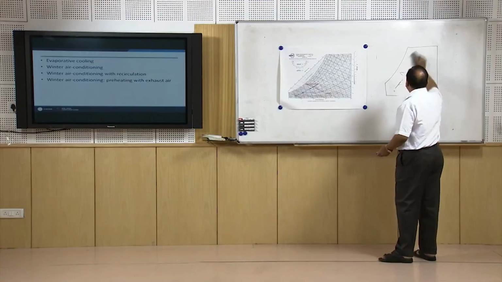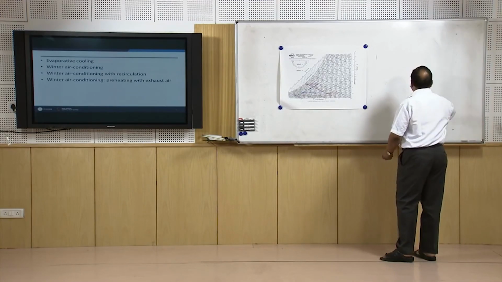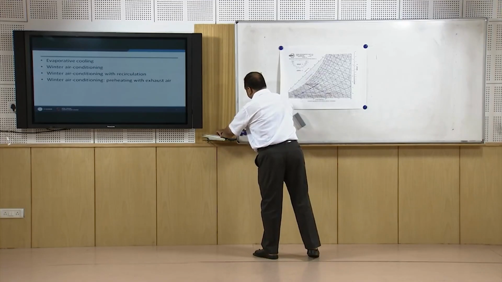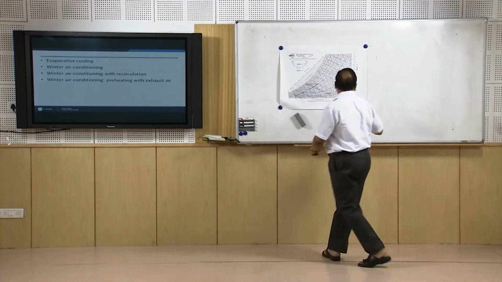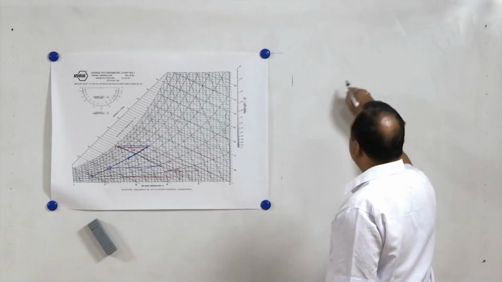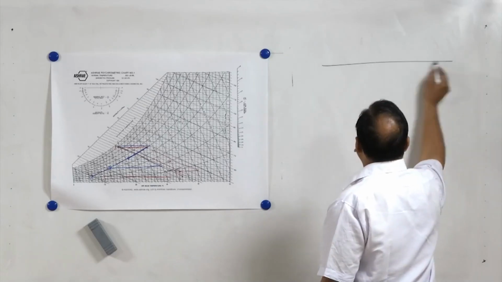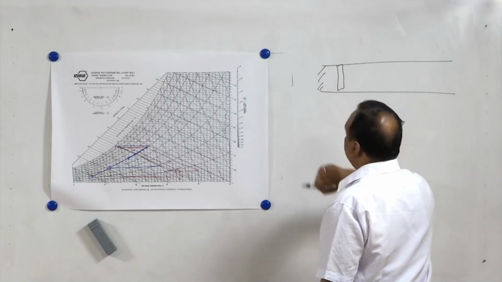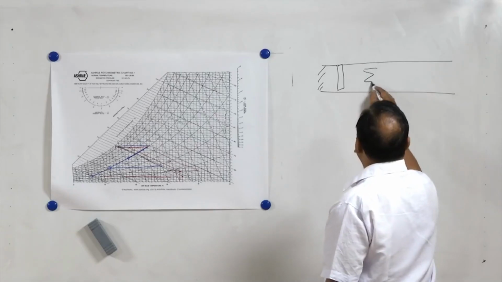If we want to show this on a schematic diagram, then the diagram shall be like this. Initially, there is a duct, it has dampers and a filter. Then there is a heater which is heating the air.